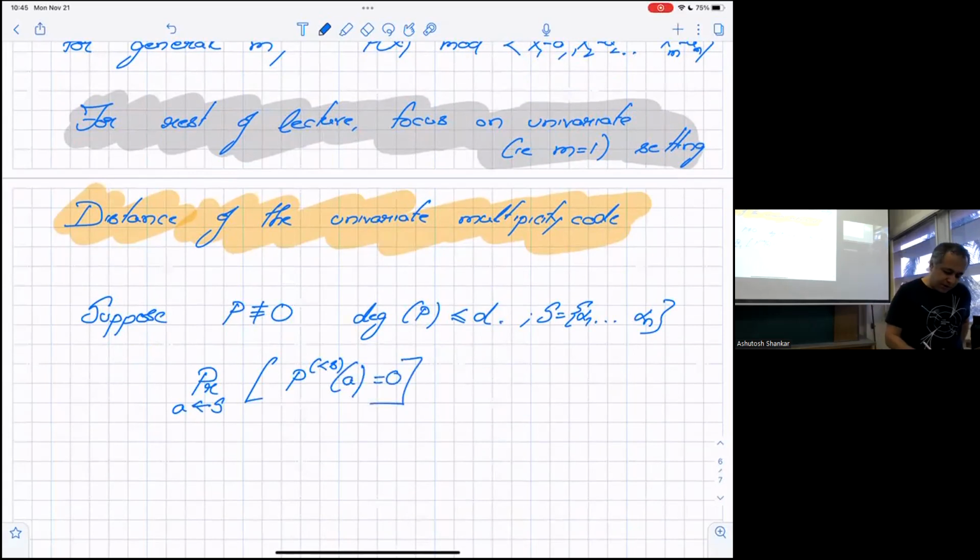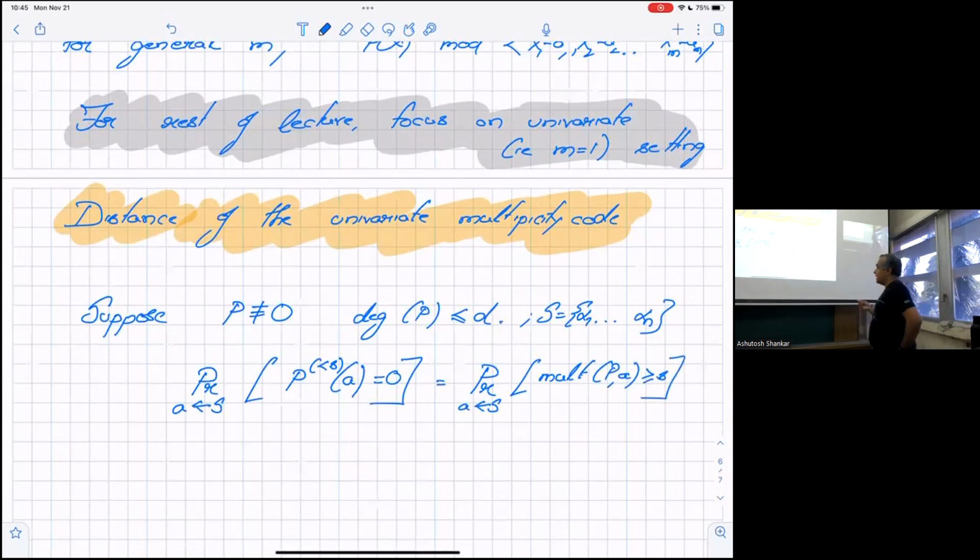This is equivalent to stating the probability, over a in S, that the multiplicity of P at a is greater than or equal to s. That's exactly the same notion. What's this probability?